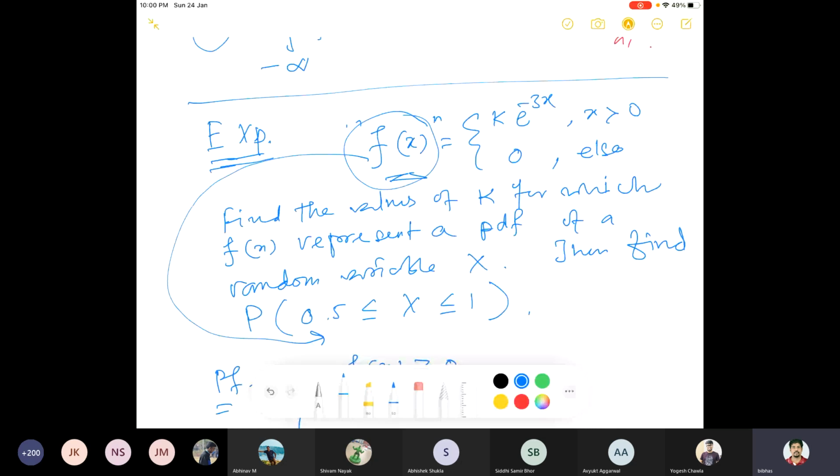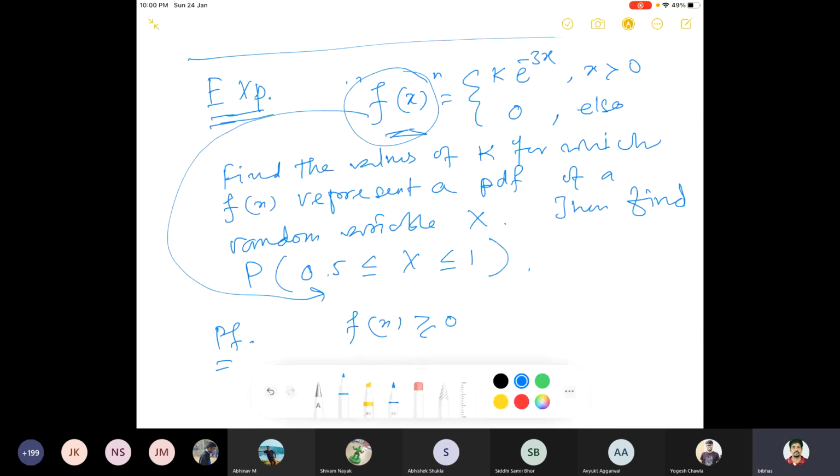Sir, is there any possibility that one continuous random variable has many PDF functions to represent it? See, the question here is we ask the reverse question: given a function, whether it can represent a random variable or not. That is our question. fx defines the random variable x.